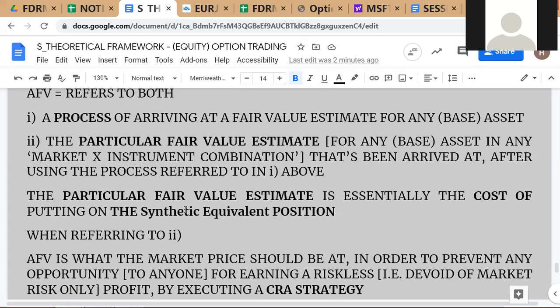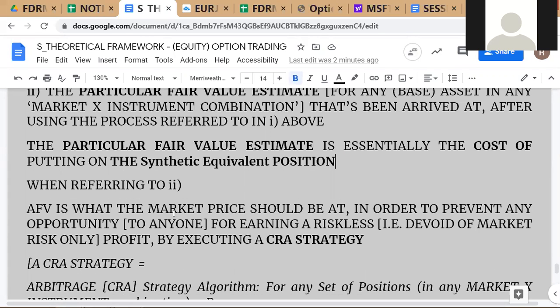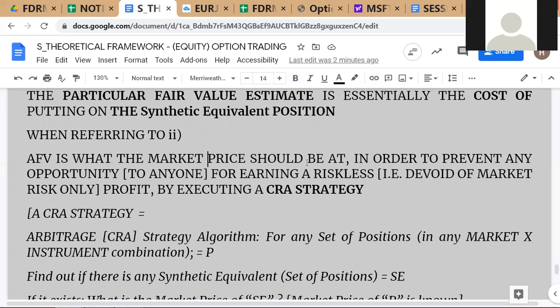Okay, so therefore we say that the AFV is 120. And what is 120? Essentially, the AFV is what the market price should be in order to prevent any opportunity for earning a riskless profit.